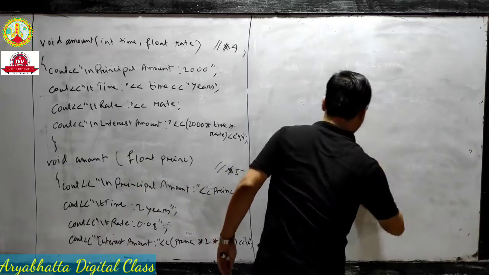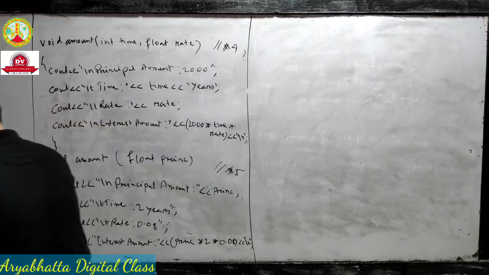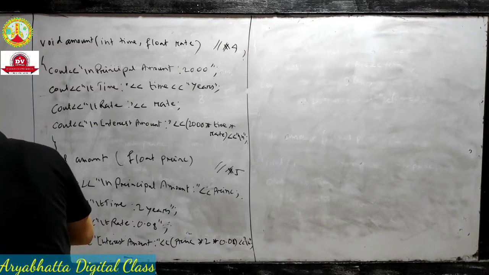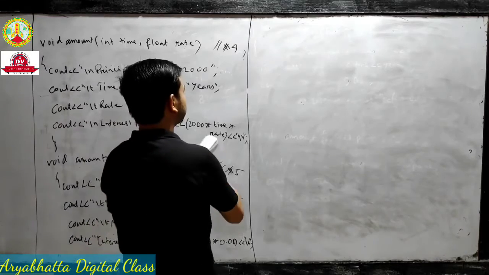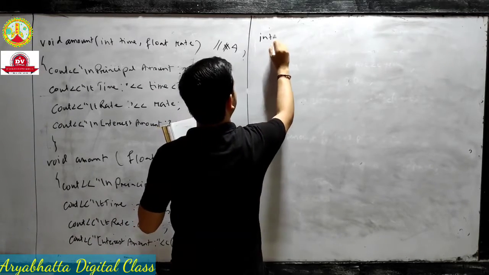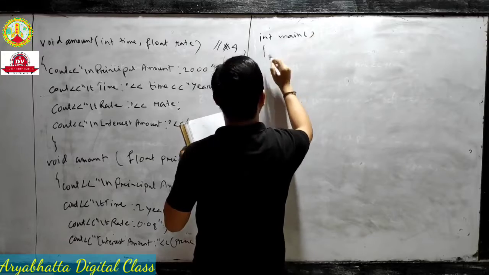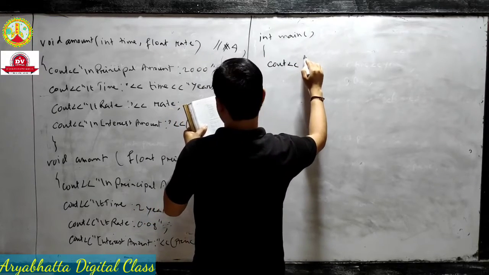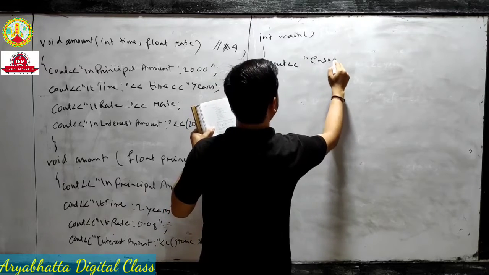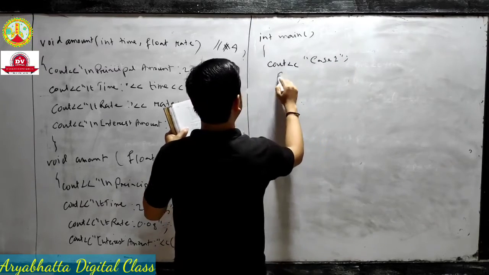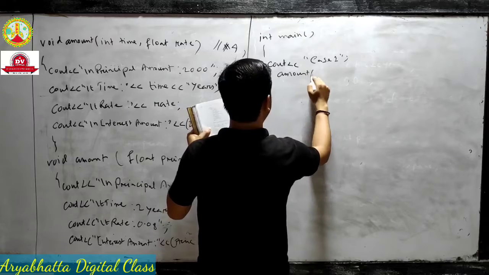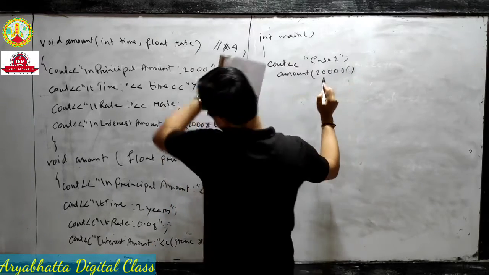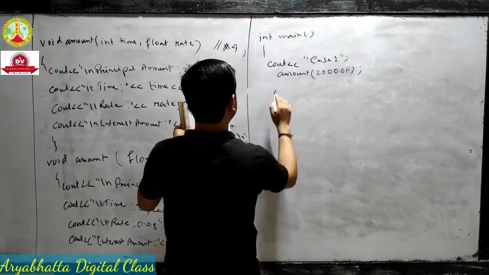See, int main. First is case 1, amount is 2000f for float.